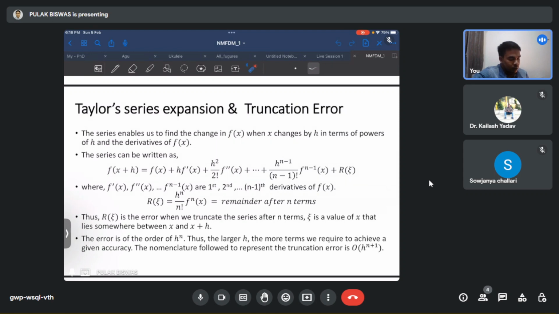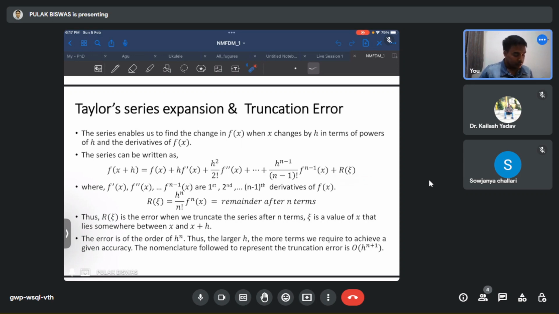This is the formula: the function's value at x plus h, a small variation from x, is given in terms of f(x), the variation h itself, and the derivatives of the original function, and it goes like this. If we consider terms up to the nth term, the zeroth term, first term, second order term, up to the nth order term, then whatever remaining part is there is actually called the error.